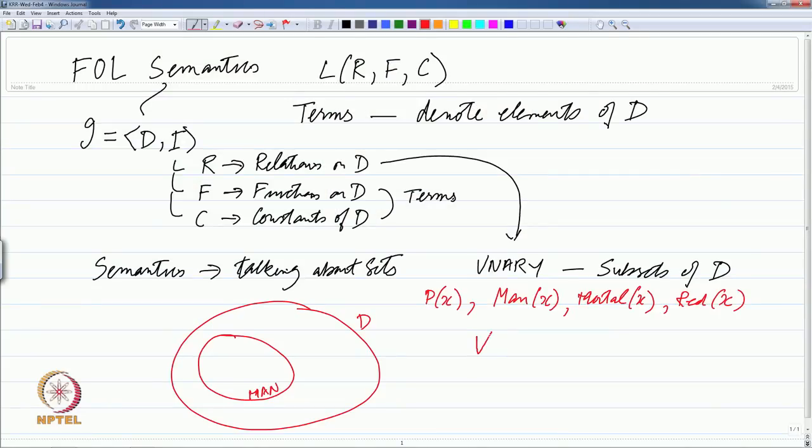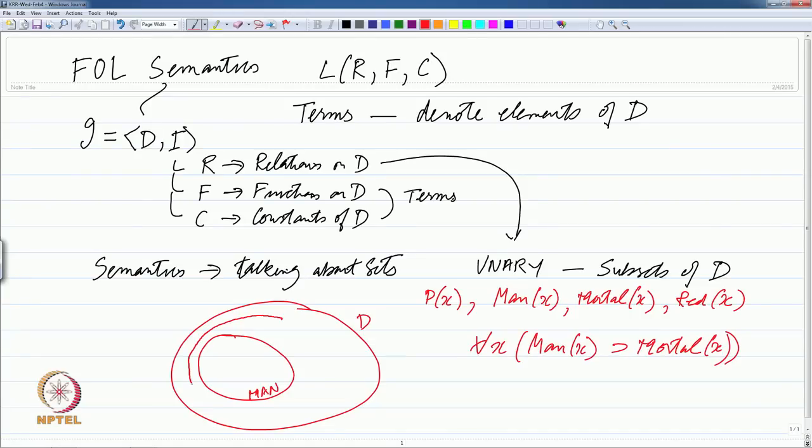So, let us look at this statement that we have started working with, which says that for all x, man x implies mortal x. It is a sentence in my first order logic, and it is a sentence which will be true or false essentially depending upon the domain. When will it be true or false? The semantics is defined, as we have said, it is model theoretic semantics.